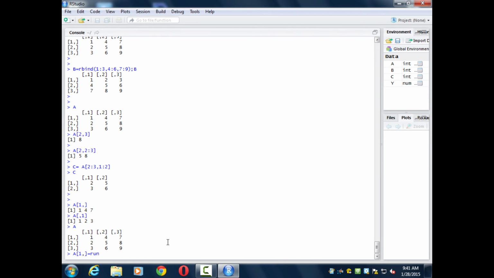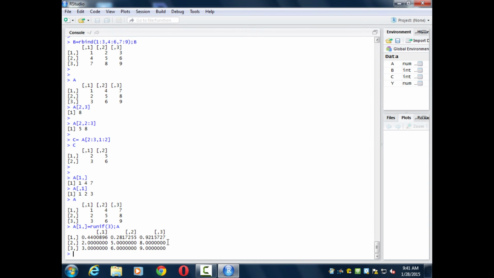This is a random number generator, runif, r out of random and unif of uniform, and we say 3 here, and this will substitute the entries on the first row with numbers that were sampled from a uniform distribution.